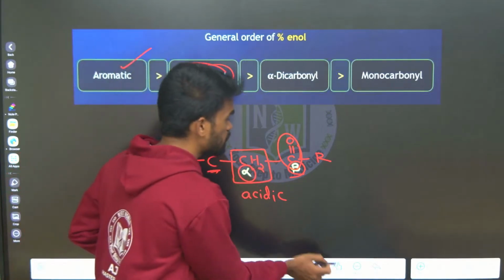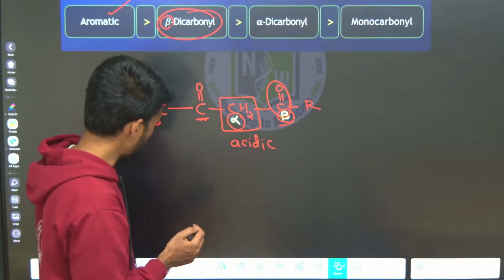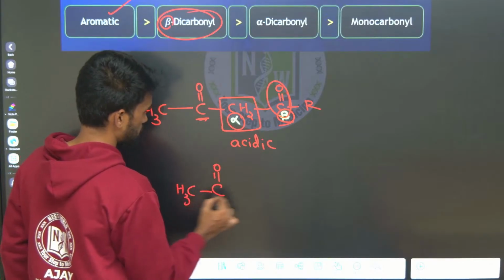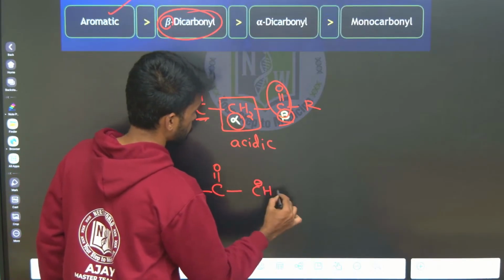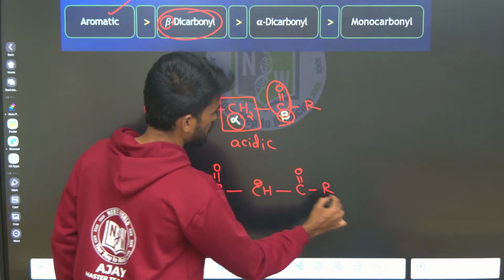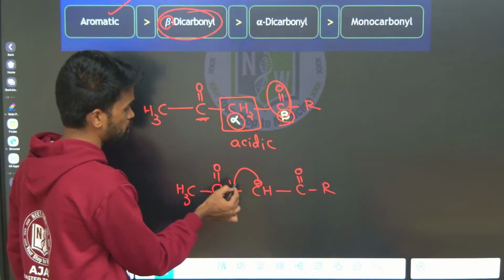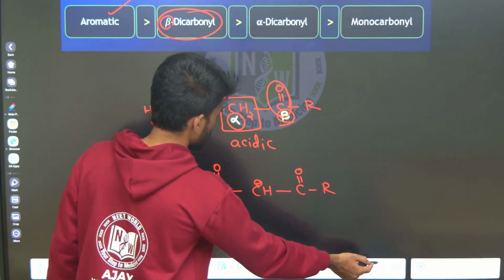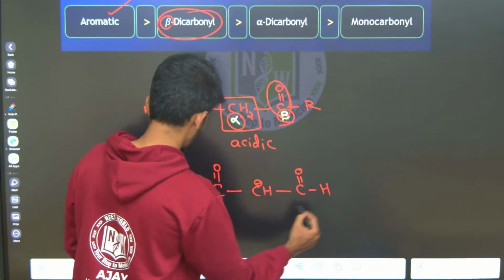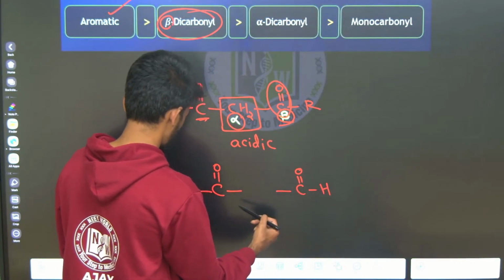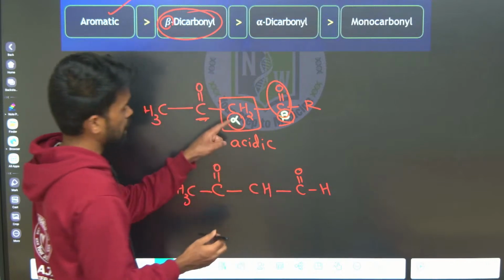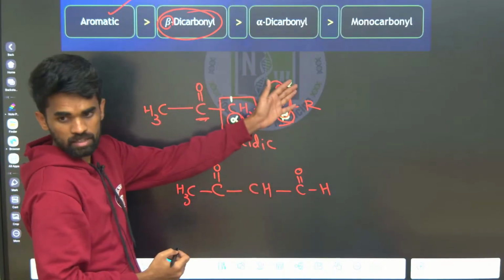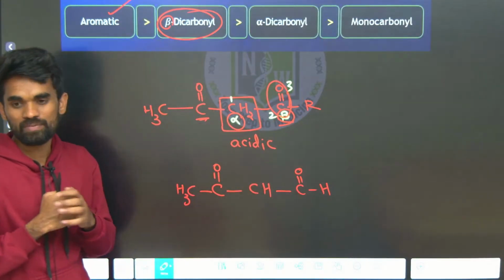Why? Because the respective conjugate base is highly stable. Why highly stable? Check here. If I write it like this, the negative charge formed here can be stabilized like this. Okay, that we will discuss in the resonance concept. Anyways, here if I shift this proton like 1, 2, 3, either this side or that side, depending upon electron deficiency we need to consider.